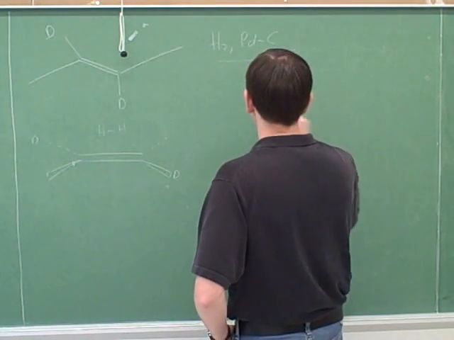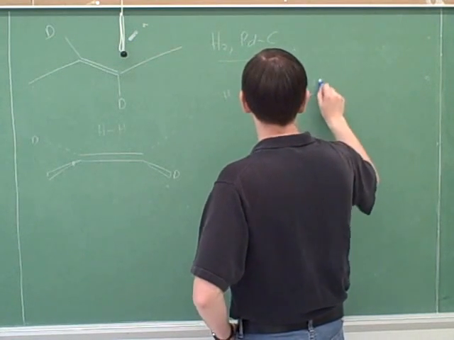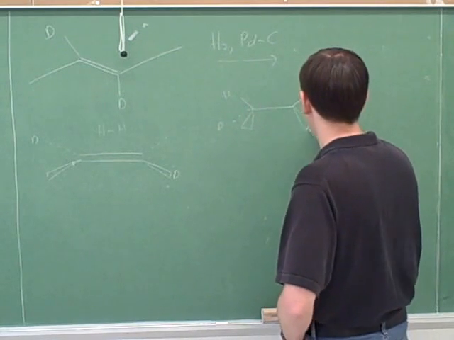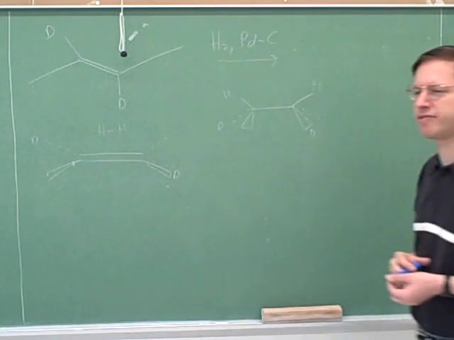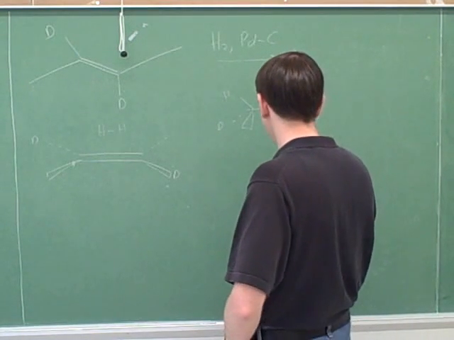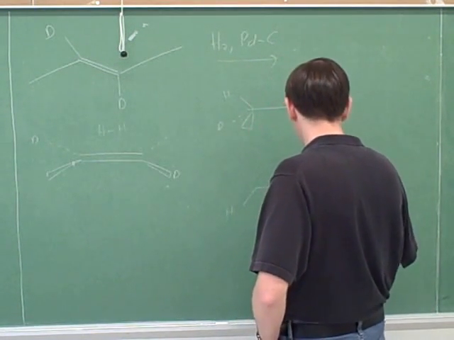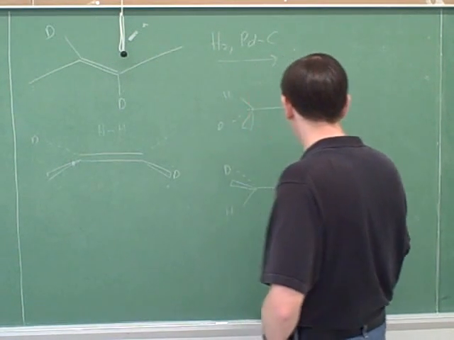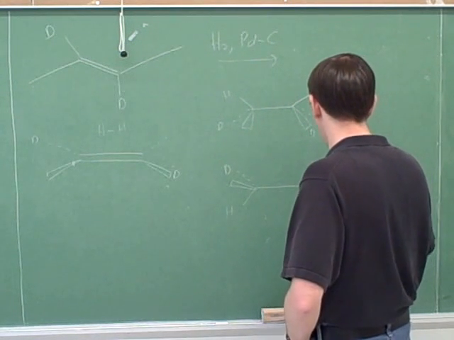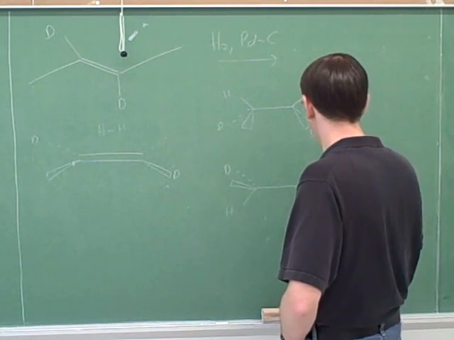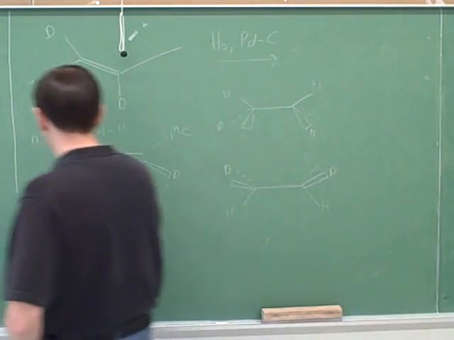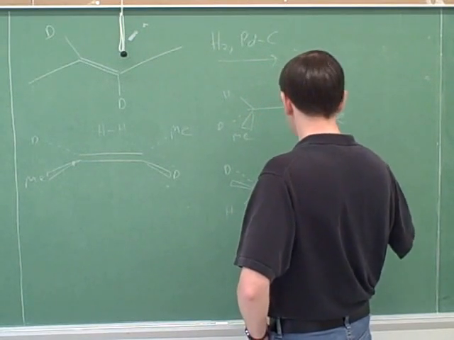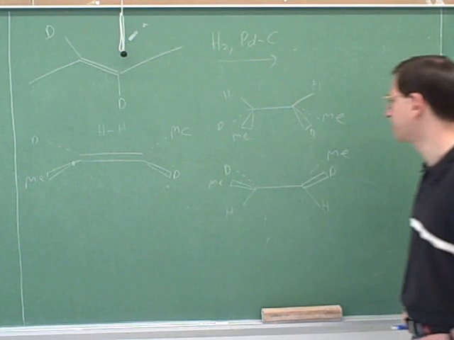If the hydrogens come in from above, you would get this. I'll go ahead and show that there's methyl groups here. And if the hydrogens come in from below, we would get this.